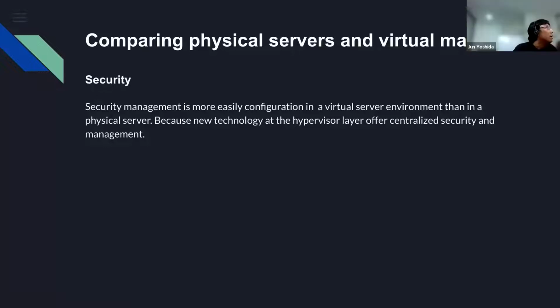Yes, thank you. So this says a virtual machine can have a higher security level than a physical server. Actually, I don't mean higher security than a physical server, but as you know, in ESXi we have a firewall rule, and we can manage the firewall rule from ESXi.